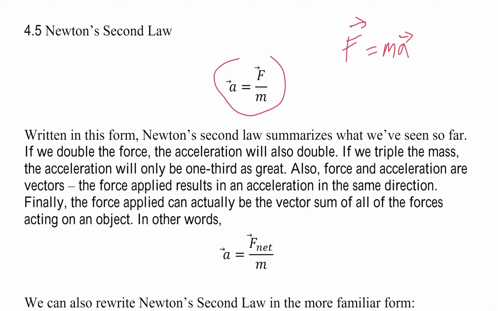Finally, the force applied can actually be the vector sum of all the forces acting on an object. In other words, the acceleration that the object will undergo will be in the direction of the net force that's acting on the object. So maybe I have an object and gravity is acting on it, so there's a weight vector.